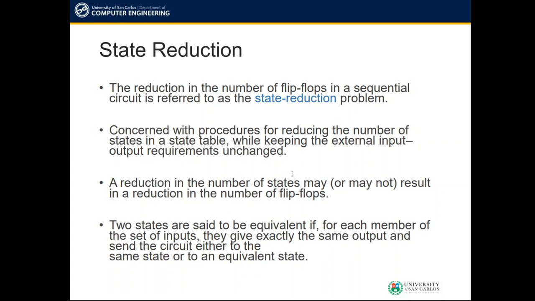So in reducing the states, this is the rule here. Two states are said to be equivalent if, for each member of the set of inputs, they give exactly the same output and send the circuit either to the same state or to an equivalent state.